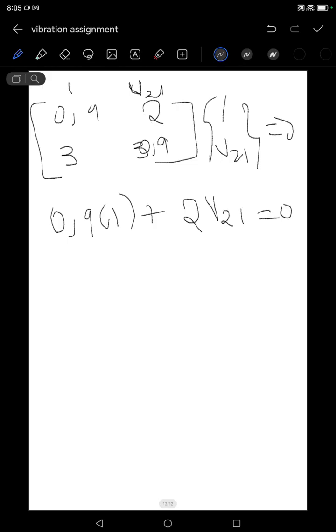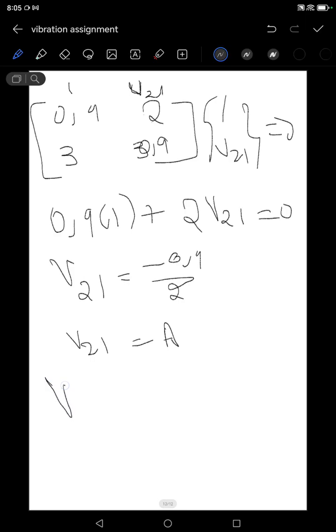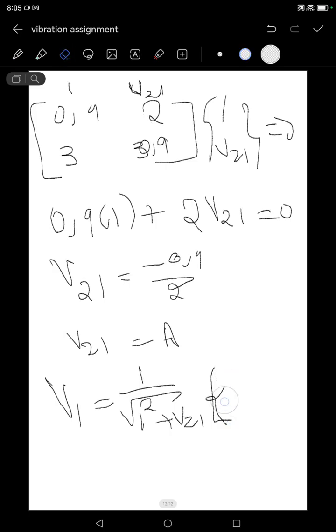Now we can solve for V21. V21 is going to be negative 0.9 divided by 2, and you get the answer. After getting the answer, that's where you get your V1. Remember, V1 is equal to 1 over the square root of 1 squared plus V21 squared, times the vector 1, V21. So now we have the value of V21.